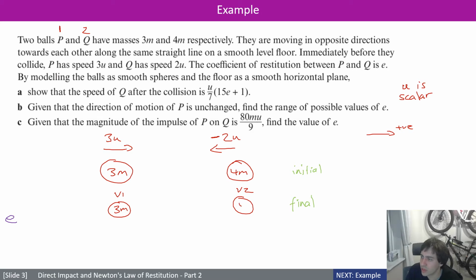We don't know what their directions are. Okay, now we can do the restitution. E is equal to v2 minus v1 all over u1 is 3 minus 2u. So that gives us v2 minus v1 all over 5u.